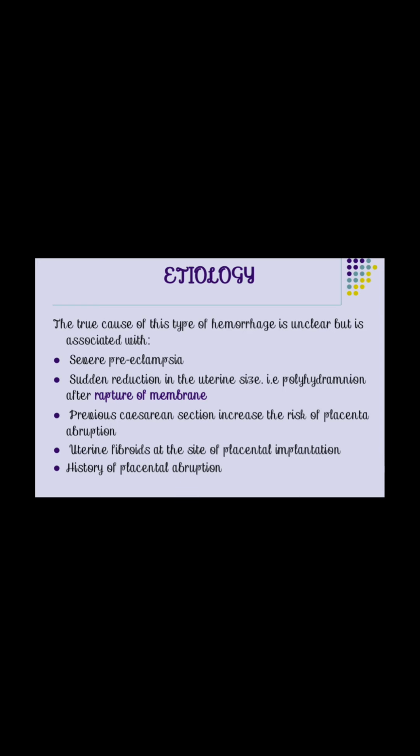So if pressure is high within the blood vessels, ikiwa kubwa inapelekea partial separation of the placenta, kwa sababu pressure inakuwa ni kubwa, inakuwa inapiga kwa kiasi kikubwa sana. It may cause partial separation of the placenta, but also sudden reduction in the uterine size kama polyhydramnios or after rupture of the membrane.